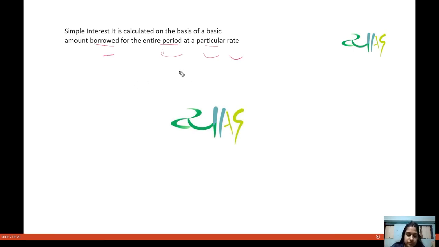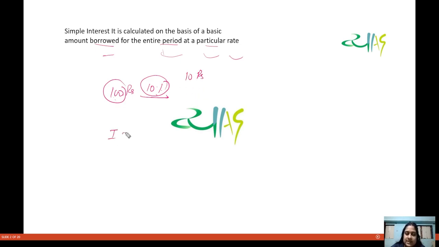For example, 100 rupees are there. Somebody has lent you 100 rupees at a 10% interest rate. You know 10% of 100 is 10 rupees.